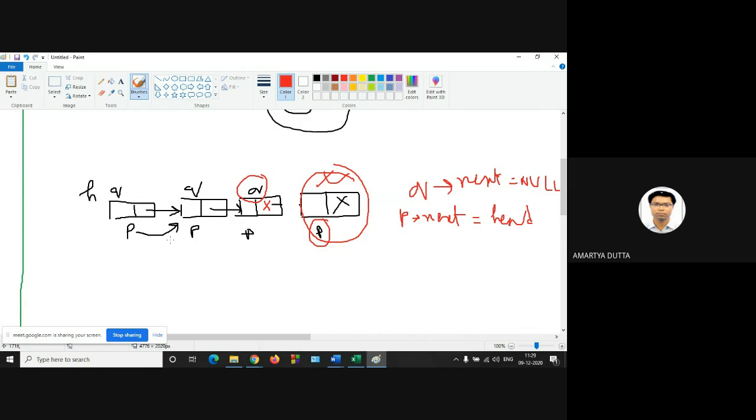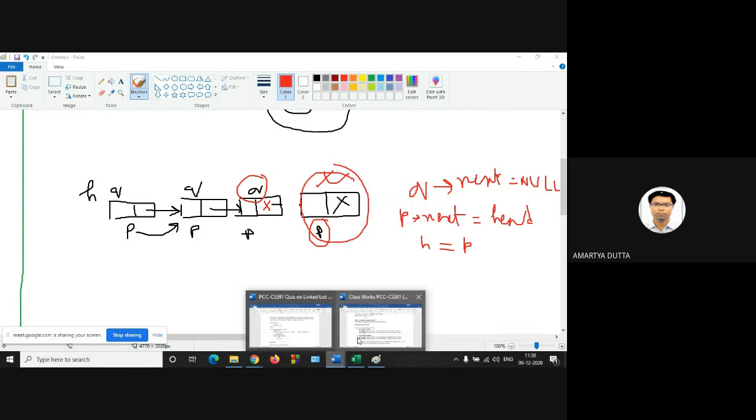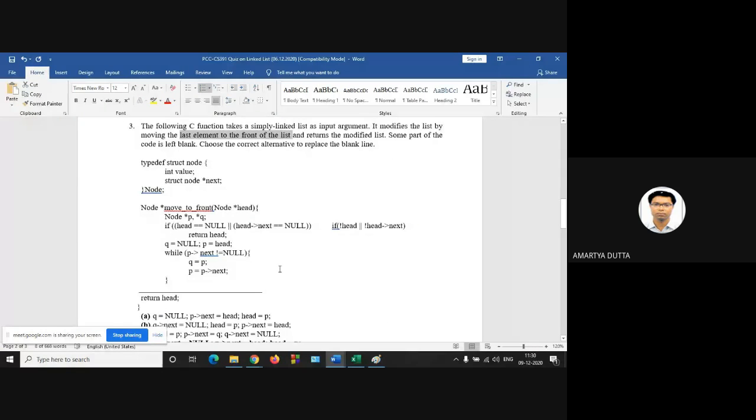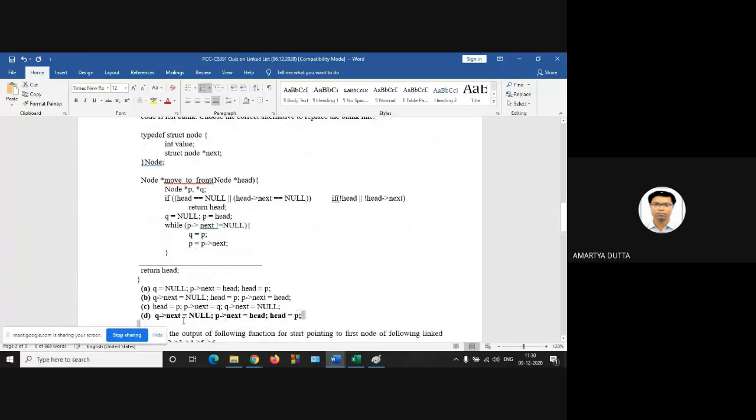And finally, this is your head, so head is equal to p. So this is the condition. Is it clear to you? Yes, sir. Yes, sir.